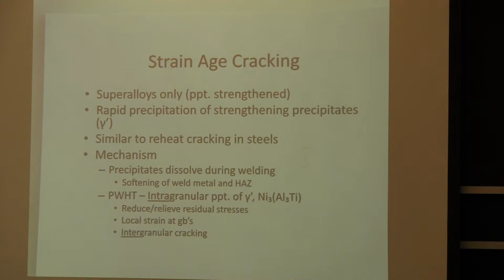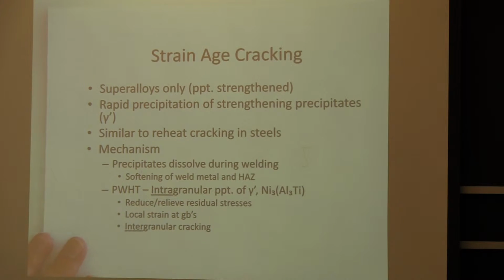and the mechanism that has been put forth for this is that these precipitates of nickel, aluminum, and titanium, as you're welding, they dissolve because of the heat. And what that does is it leads to a softening of the weld metal and the heat-affected zone.